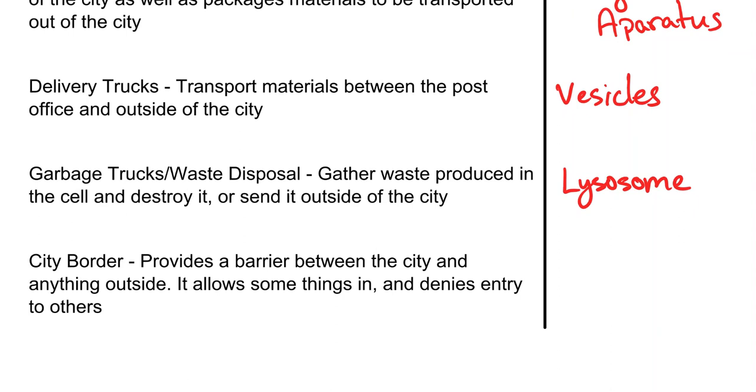We're going to talk about this a little bit more later, but that absolutely is the plasma membrane. And to a lesser extent, the cell wall. I mean, I would kind of accept both, but because this is allowing some things in and denying entries to others, we're going to go with the plasma membrane for sure.